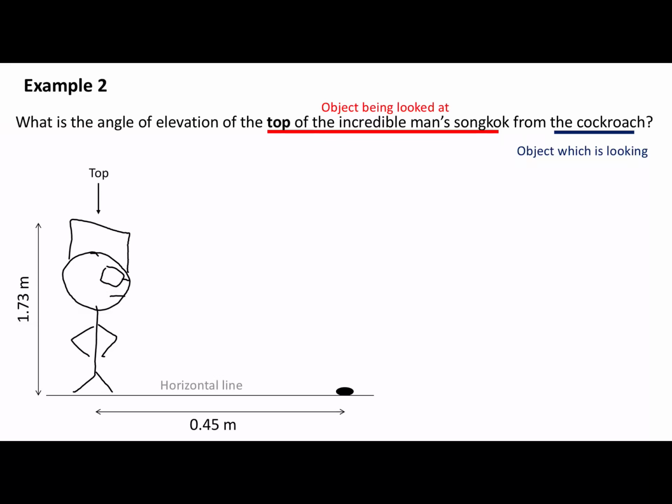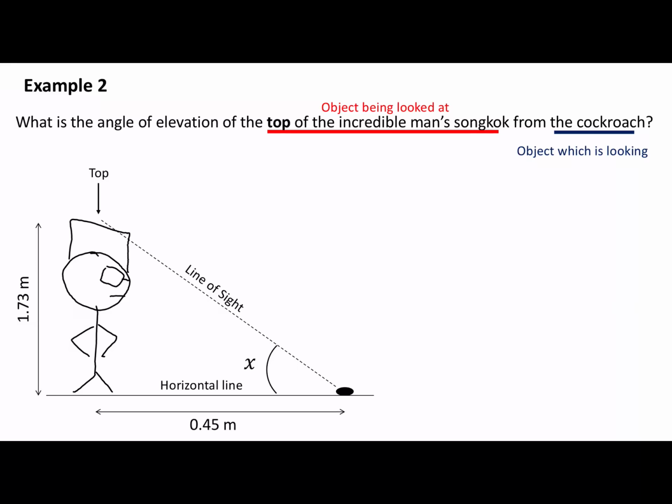Fortunately, the horizontal line has already been drawn. Next, draw the line of sight from the cockroach to the top of the man's songkok, and then indicate the angle of elevation. Since in this example the angle of elevation is unknown, we label it as X.